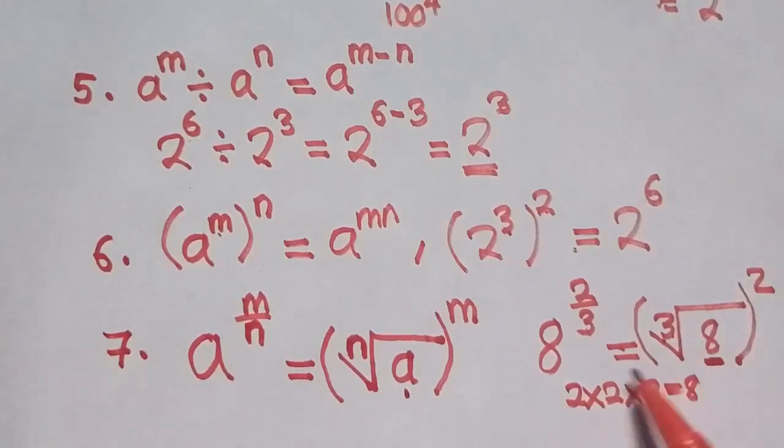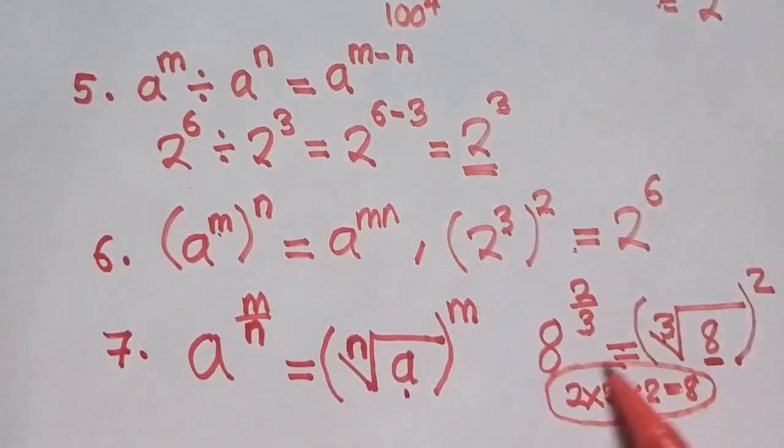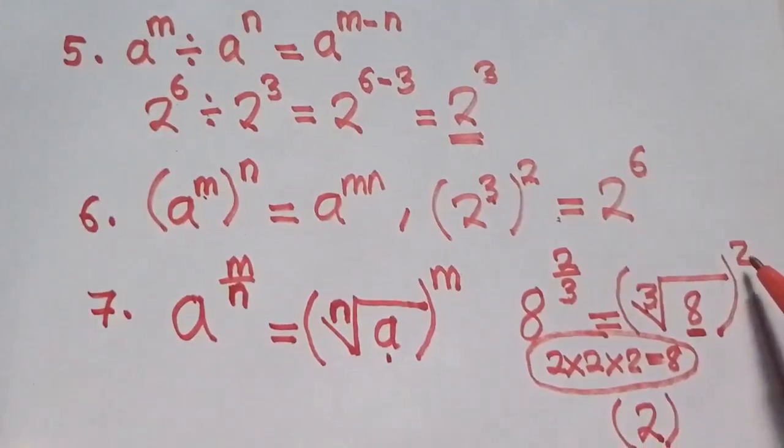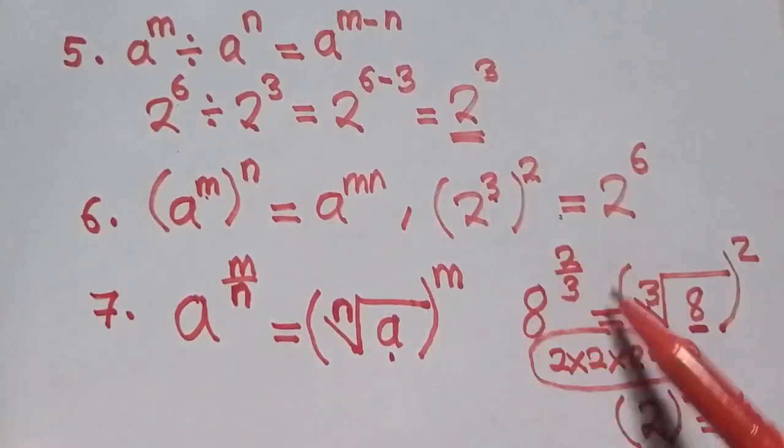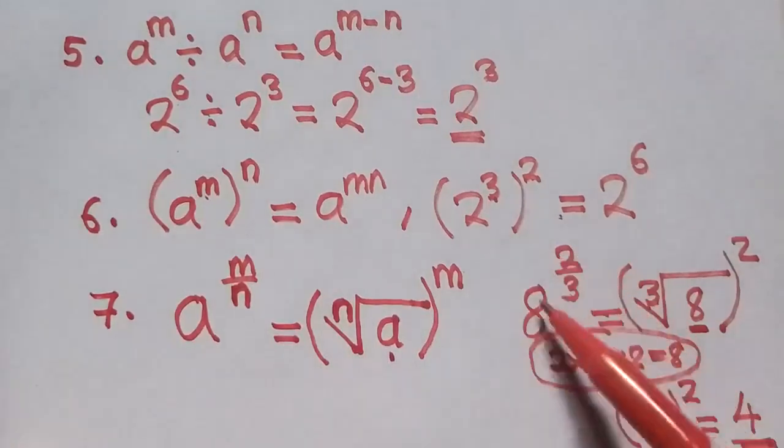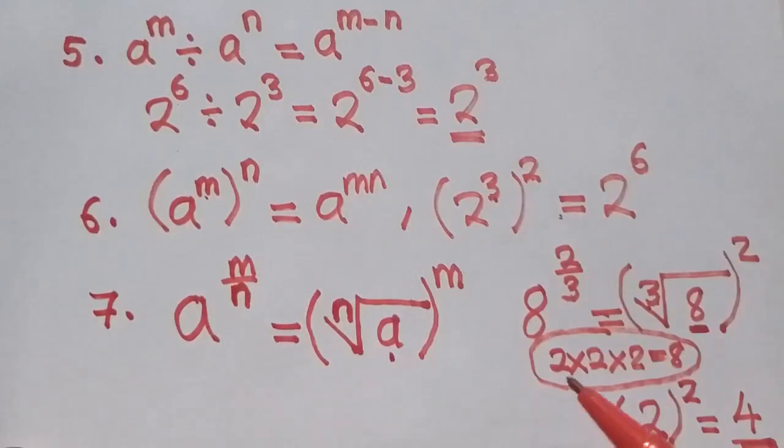So the answer there is 2. The same 2 in brackets like this is raised to which power? Raised to the power 2. So this is just 2 to the power 2, which is 4. So the answer is 4. This is what you need to know and understand.